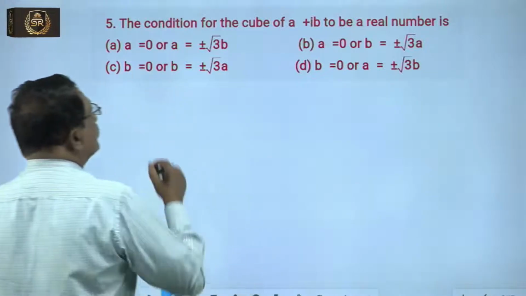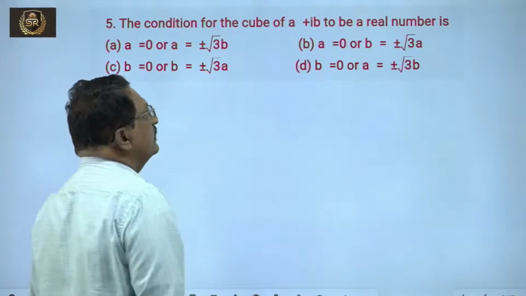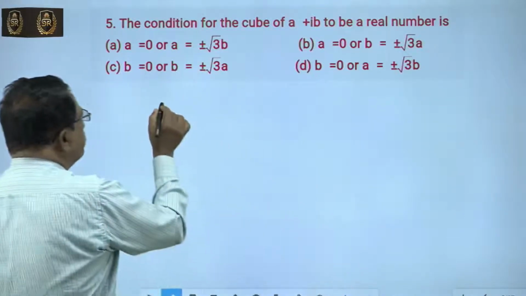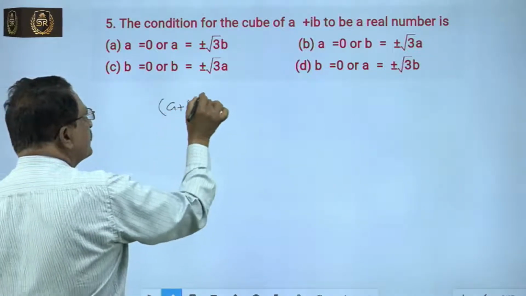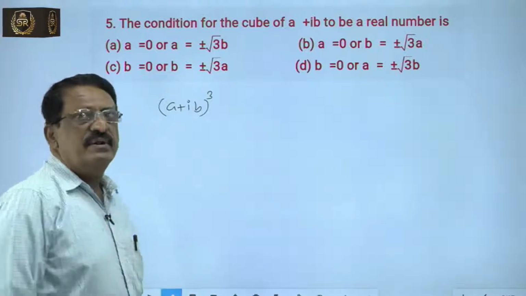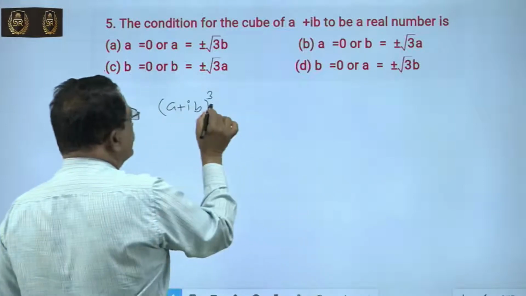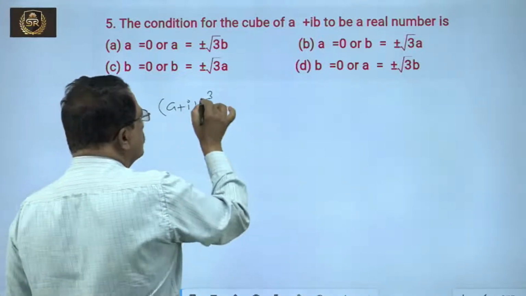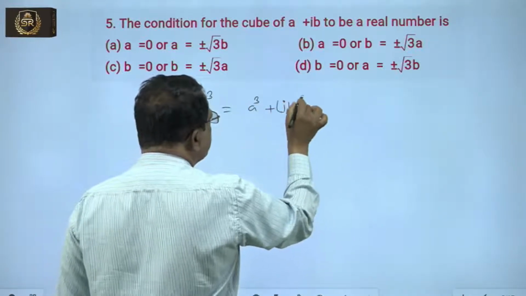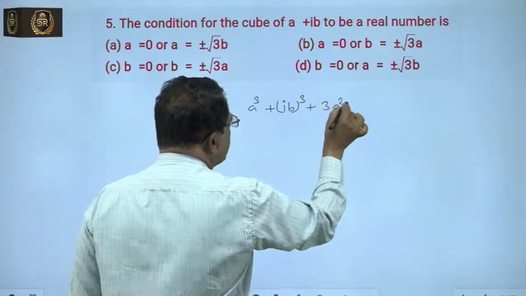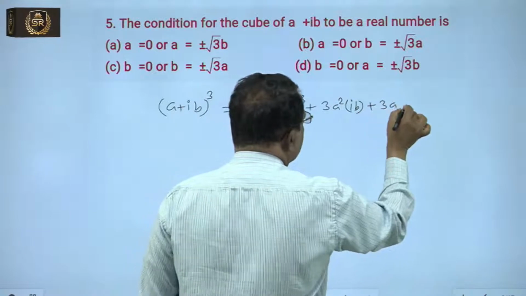Next, the condition for the cube of a plus ib to be a real number. (a plus ib) whole cube should be a real number. Now (a plus ib) whole cube expansion: a cube plus (ib) whole cube plus 3a square ib plus 3a (ib) whole square.